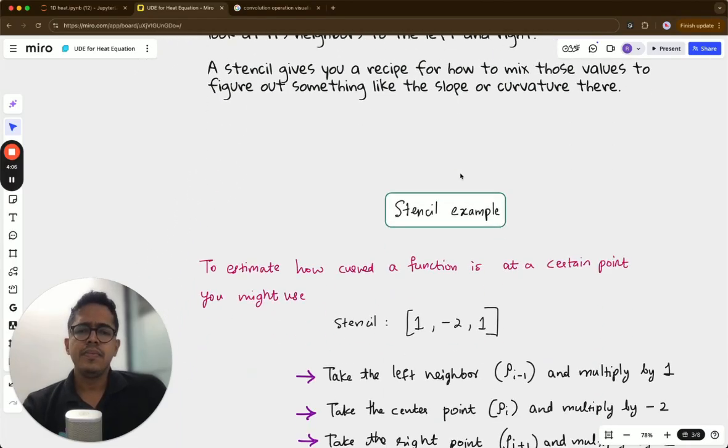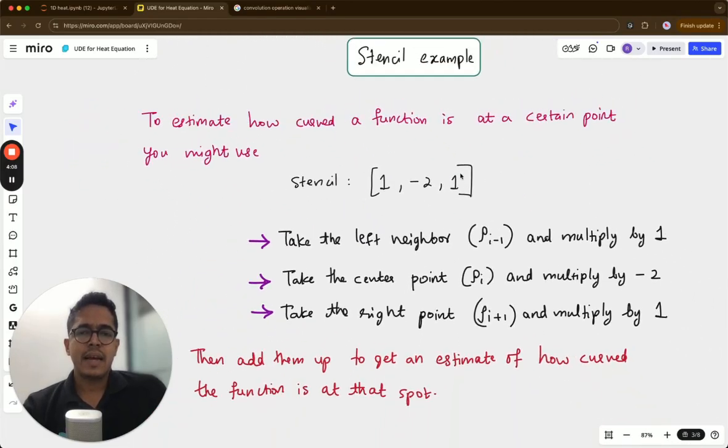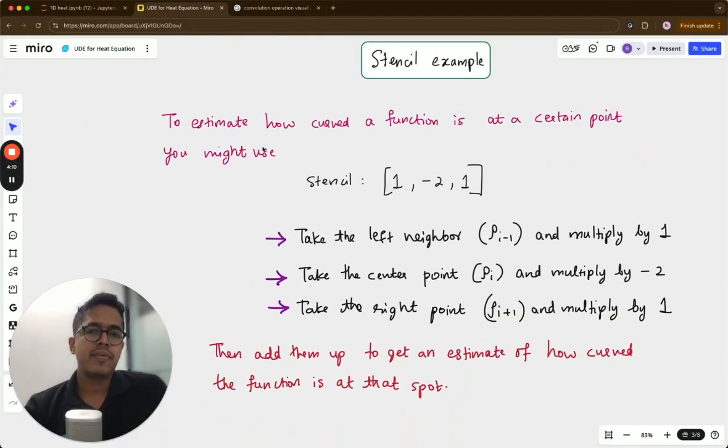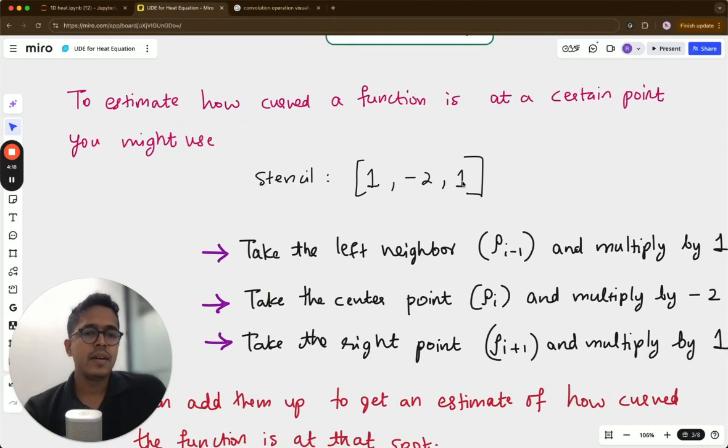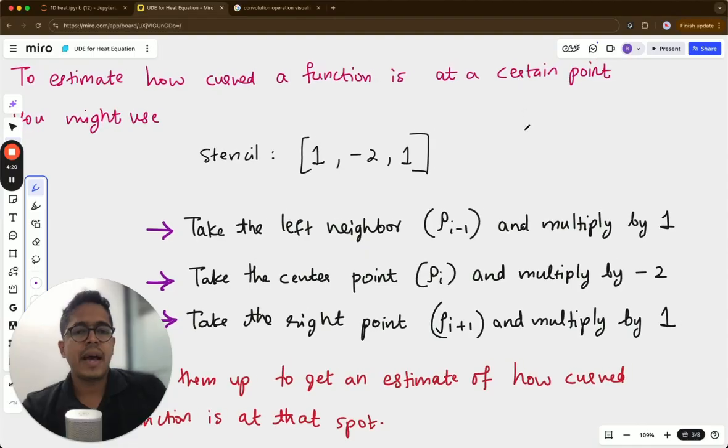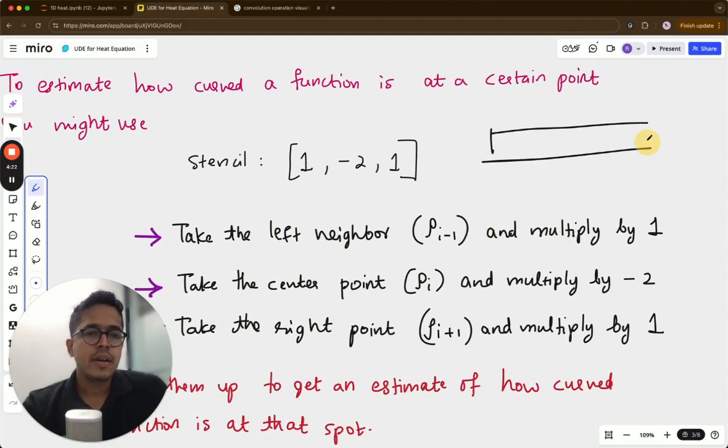So in this example, let's say you have a function whose curvature you want to estimate. If you have a stencil like 1, -2, 1, then if you have an array of points, and let's say this is the ith point called row I, then this will be row I minus 1, and this will be row I plus 1.